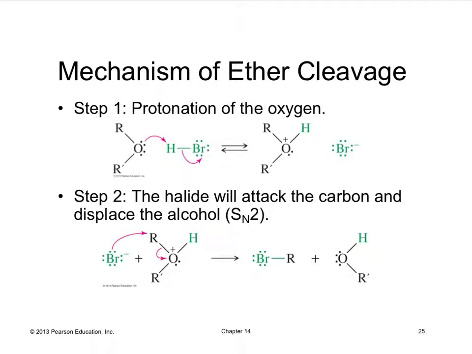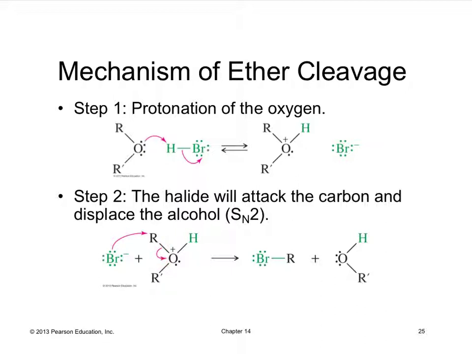In terms of mechanism of ether cleavage, the first step is protonation with, in this case, HBr, the acid. This will generate the protonated ether and the anion. That halide will then attack the carbon on one of the alkyl groups.